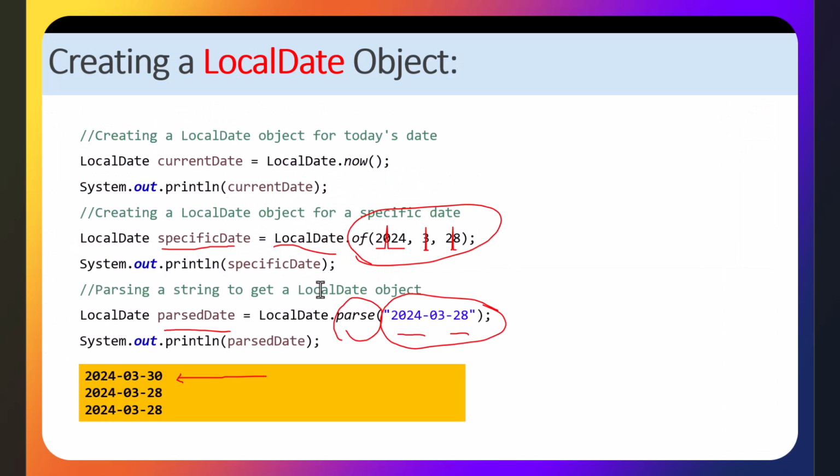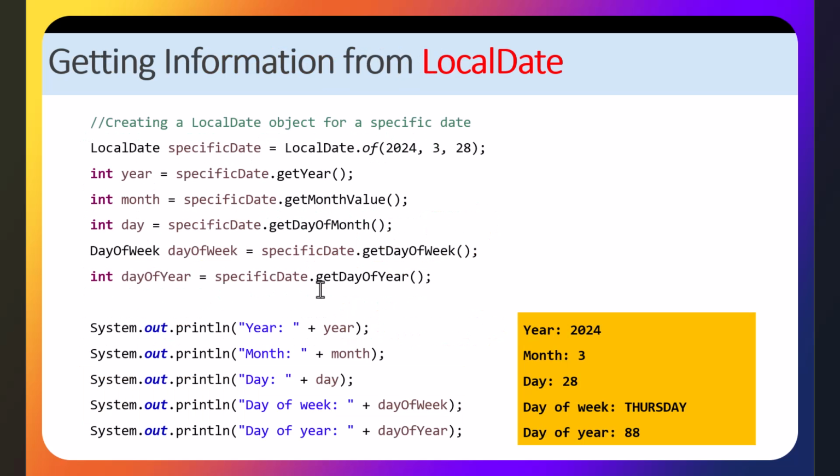Okay. So now you have created the date object. How to get information, or extract information, from the LocalDate object? What if you want the year only? Remember, the year is going to be an integer. The month is an integer. The day. So these are the three things that you are expected to need to extract from a date.